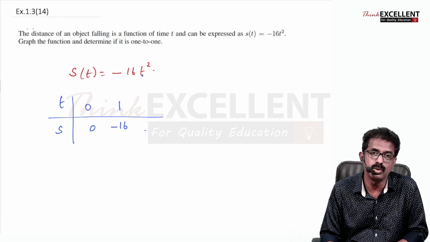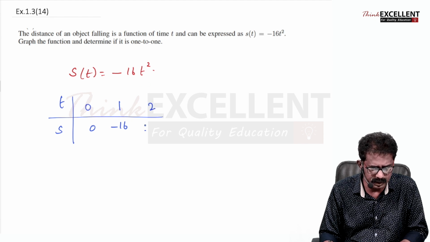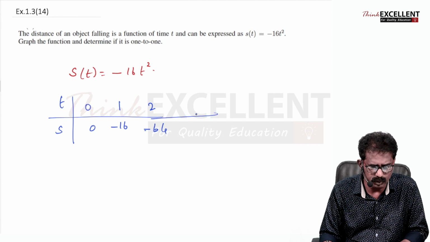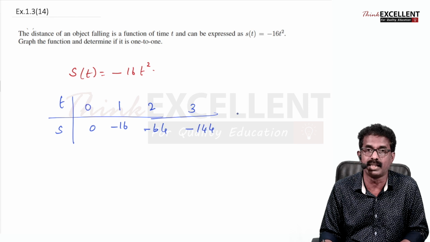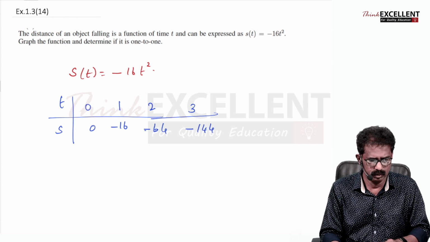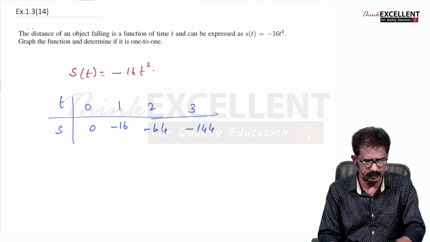You give 2, 2 square is 4, 4 into -16 is -64, right? If you want, you give 3, 3 square is 9, -16 into 9 is -144. It goes on like that. So it's a parabola, but you are going to get only one side.